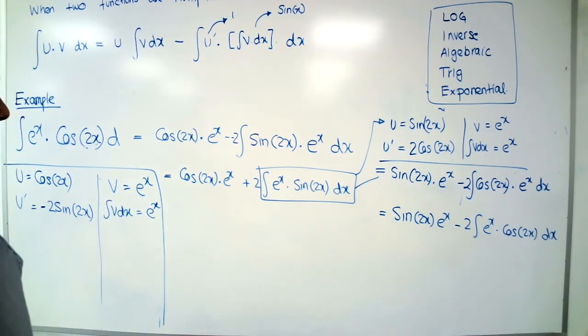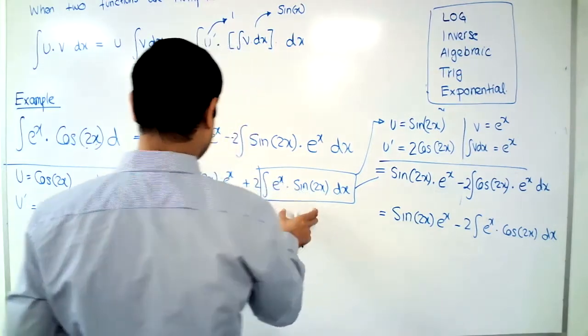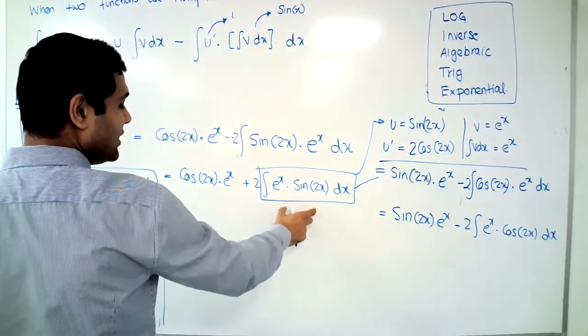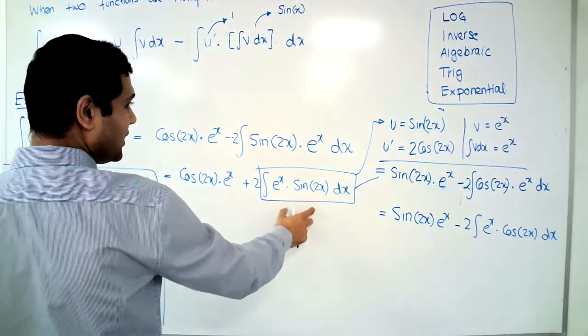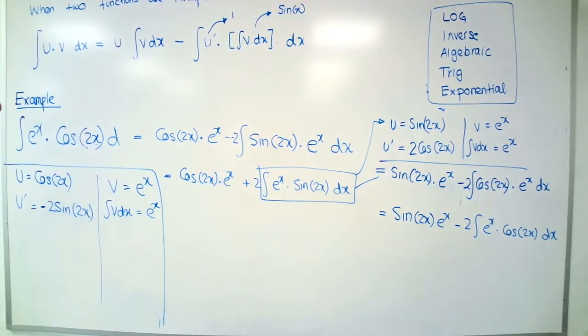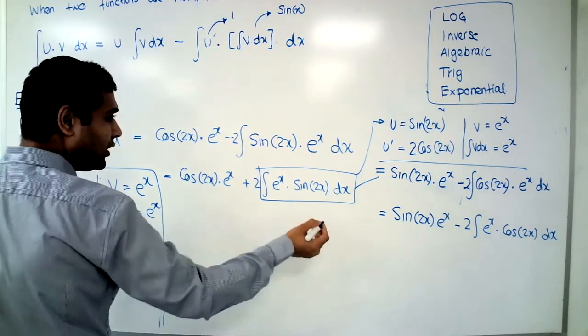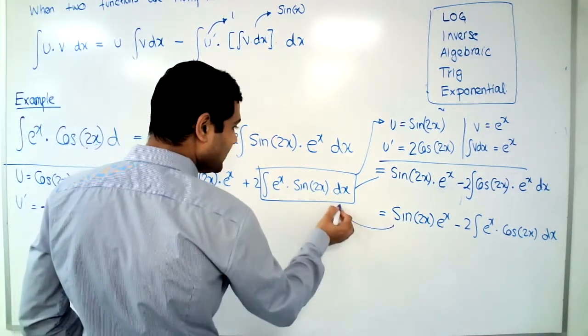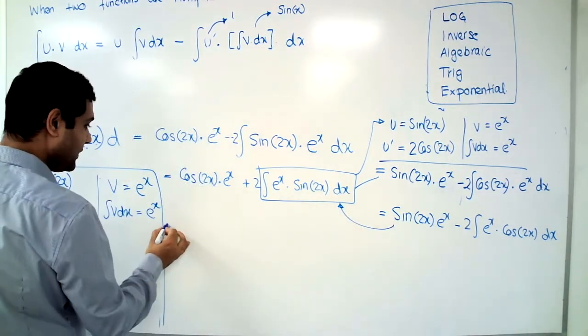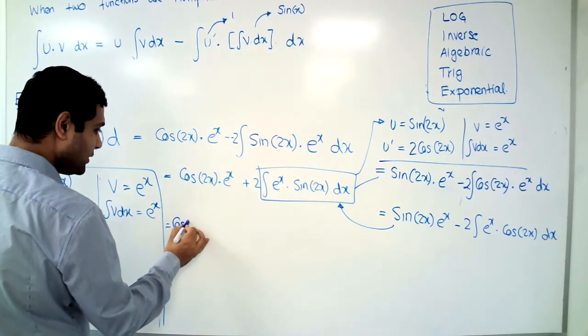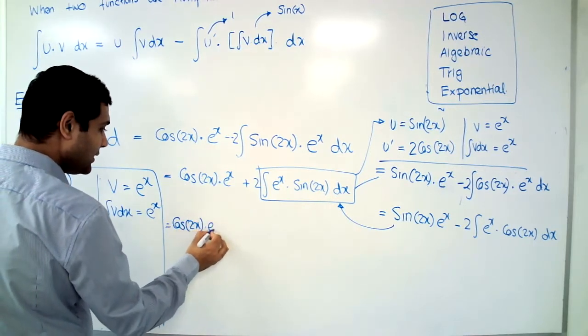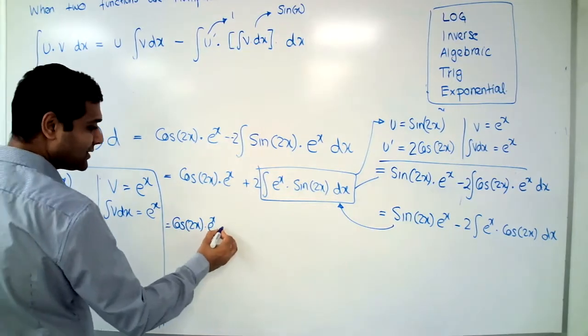I'm just going to put this thing back in this equation, and we see what we can sort out. So now this one, the answer, I'm going to put in this equation. So I got the cos 2x e to the x. Usually I write e to the x first, but it doesn't matter.